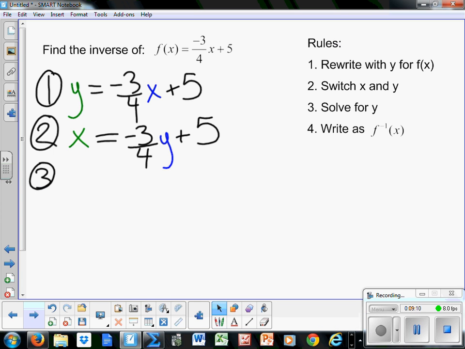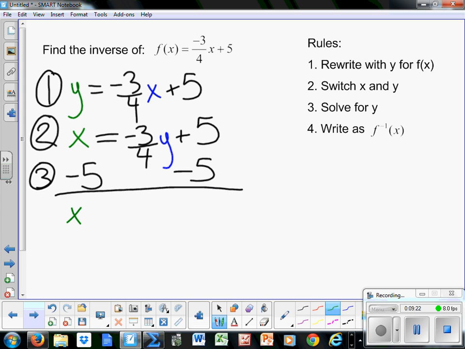All right, so now our next step is solving for y. We're going to then subtract 5 from both sides in order to get x minus 5 equals our negative 3/4 times y. Now I know it's a scary fraction here.